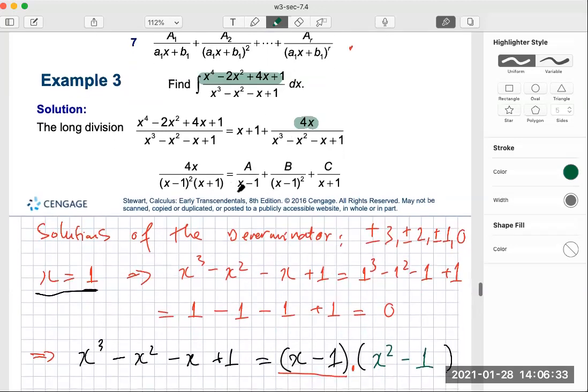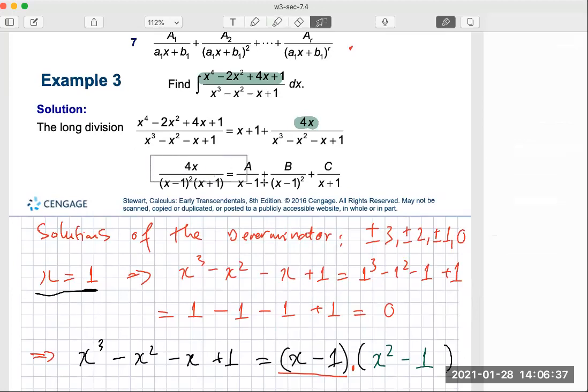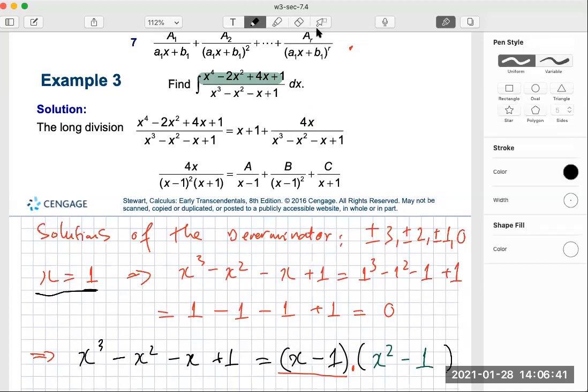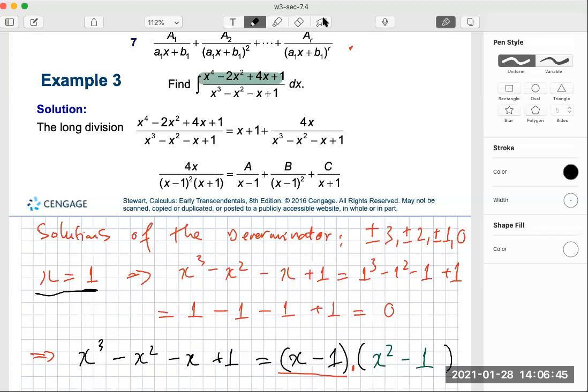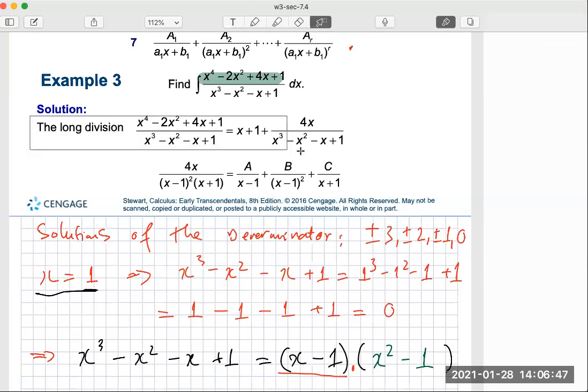Okay, now we do long division. And just focus on this. Focus on this. So yeah, their way will be faster.